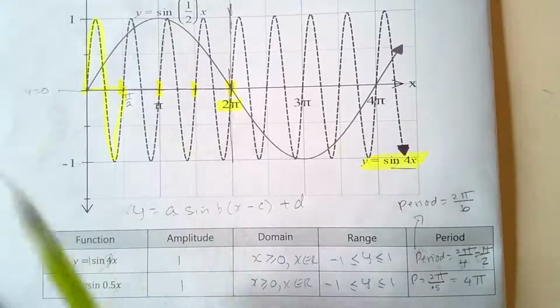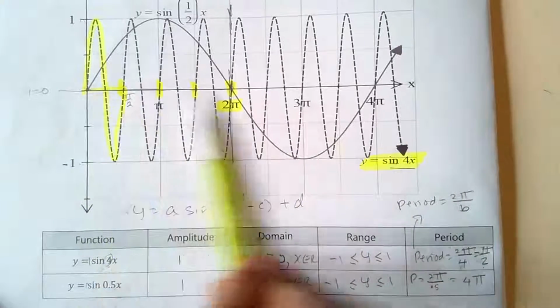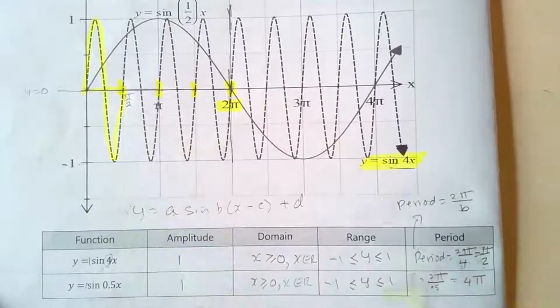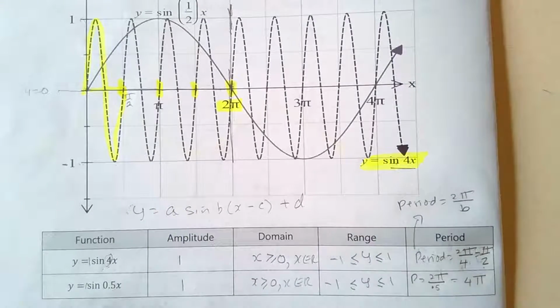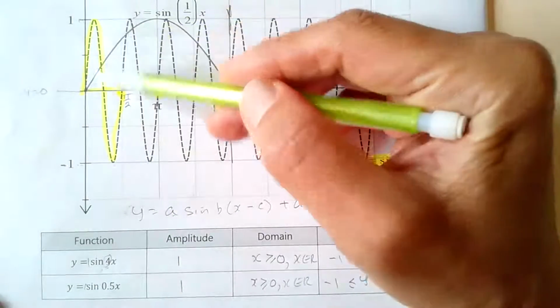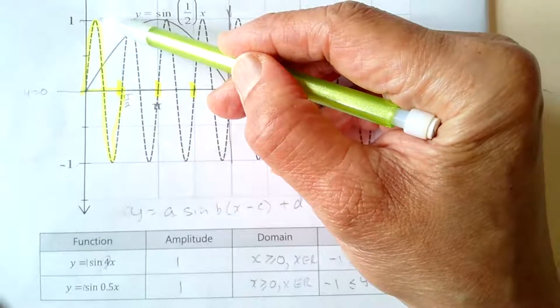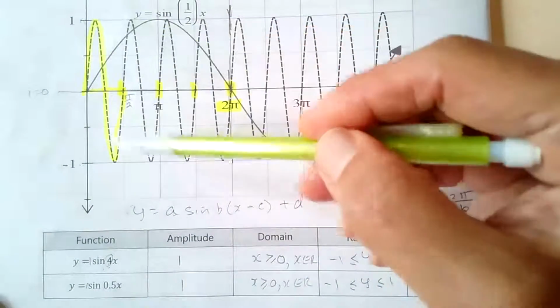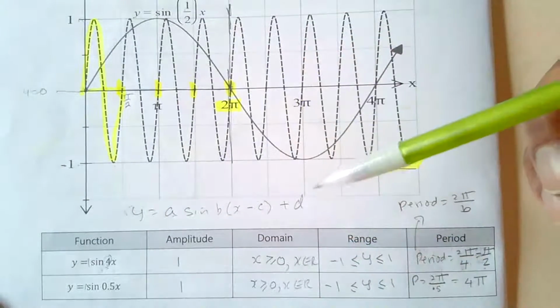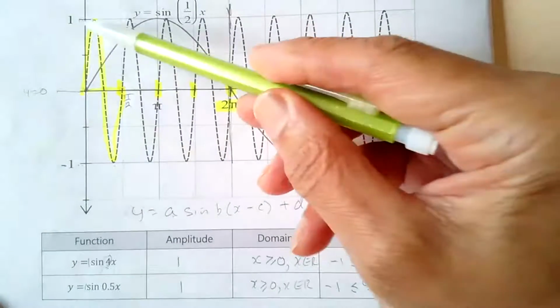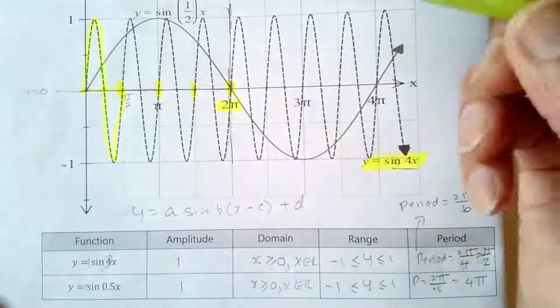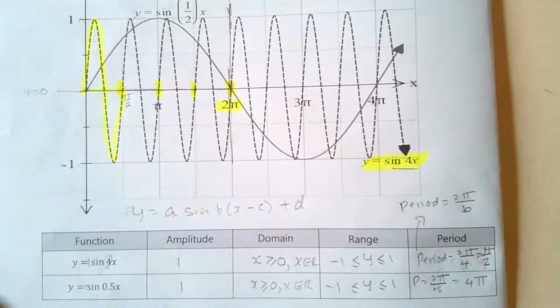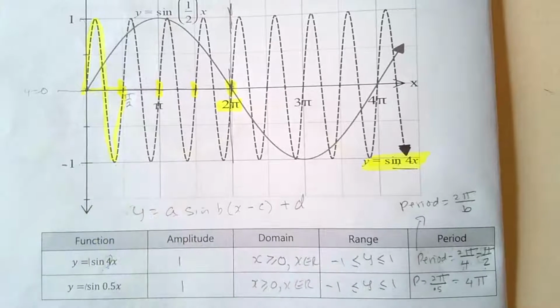So if we were just given the sketch and they ask us for the equation, the first thing you want to do is look at your maximum and minimum. That will give you your range, but it'll also help give you your amplitude, because by definition, your amplitude is your maximum minus your minimum, divided by 2.